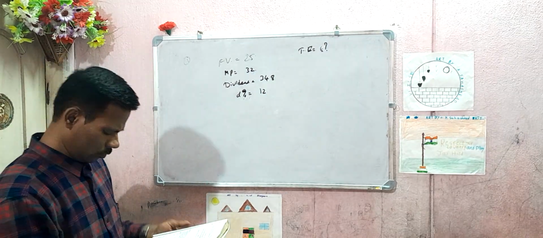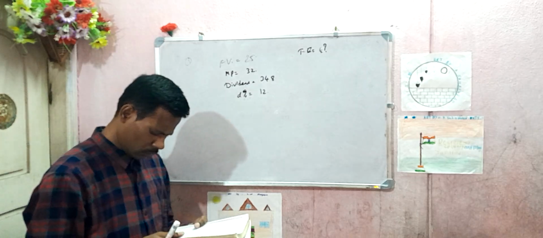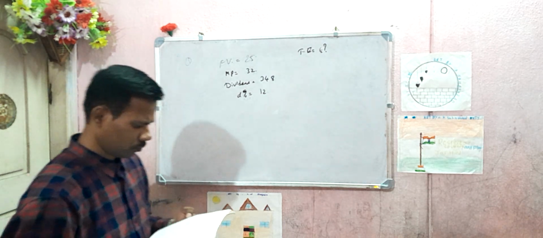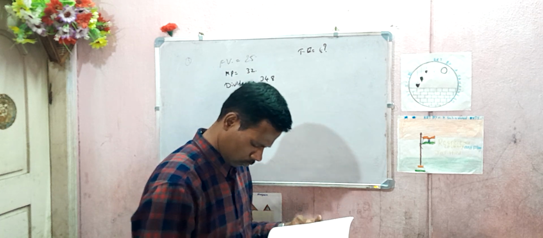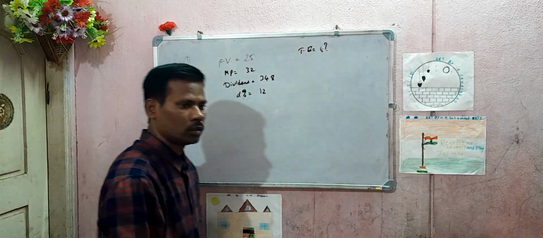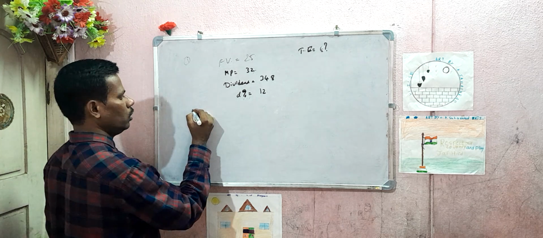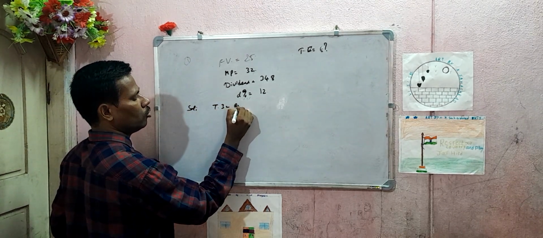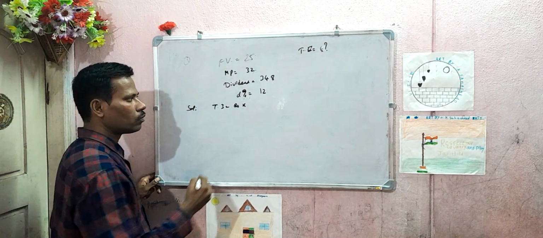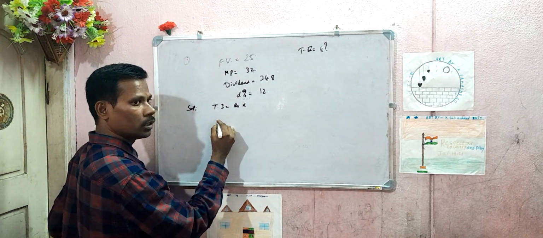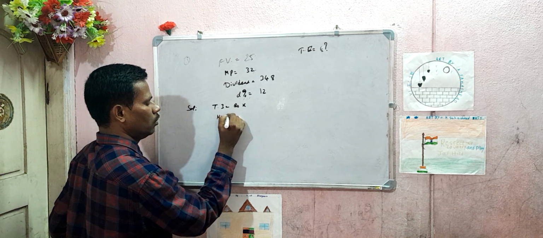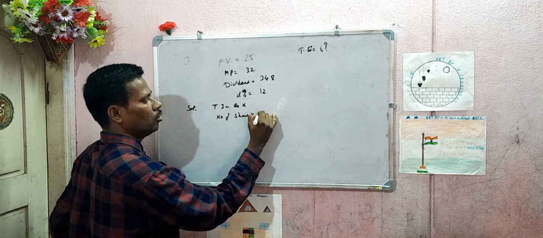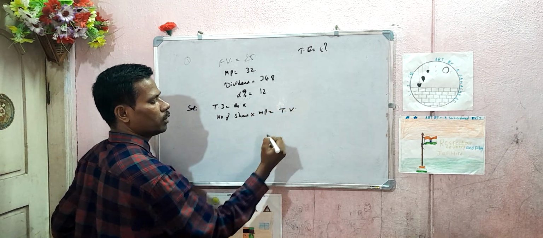So here, how to do this problem? Total investment is equal to rupees X. So here, one basic thing again: number of shares into market price is equal to total investment.